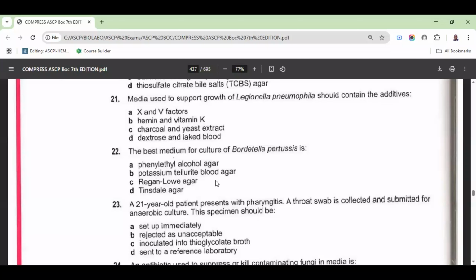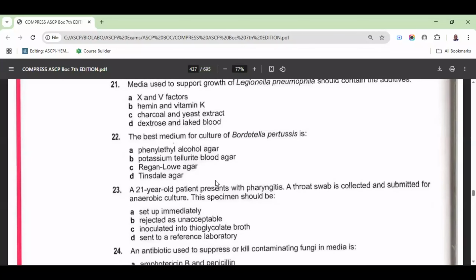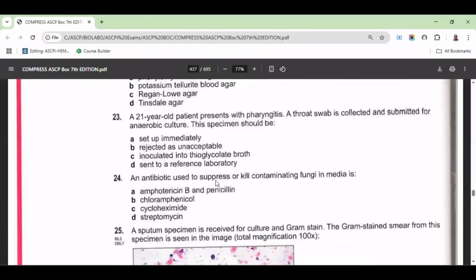Okay, then look at question number 23. A 21-year-old patient presents with pharyngitis, and a throat swab is collected and submitted for an LB culture.